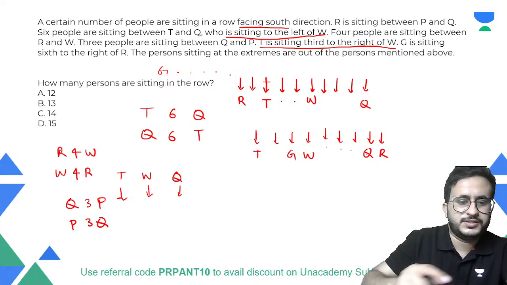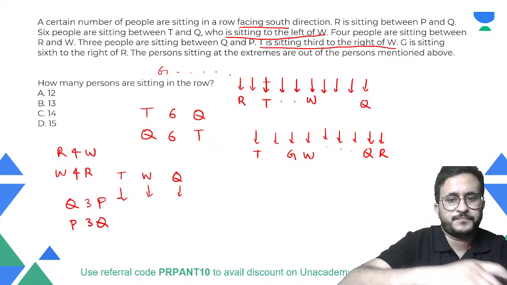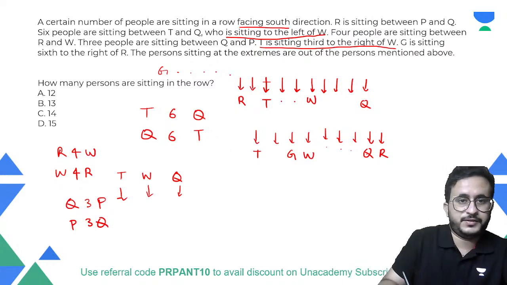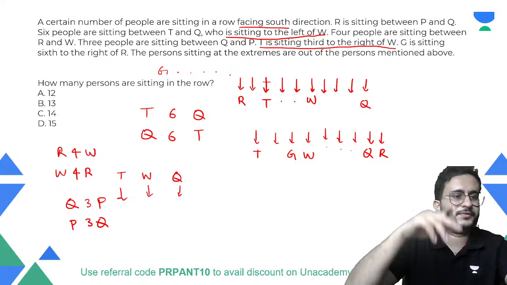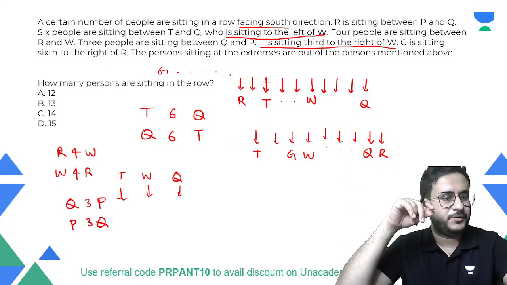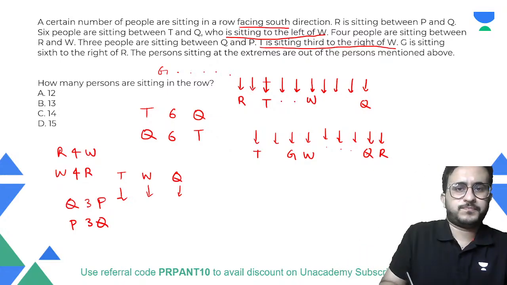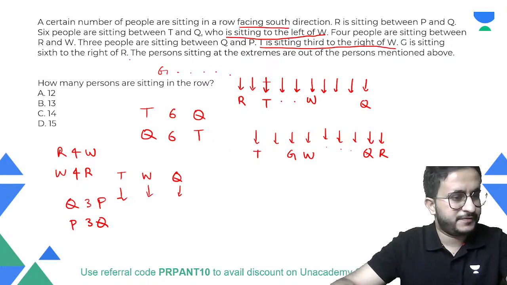This will be G. So we are filling the information in both the cases parallelly. Is it clear? Now, next thing that is given to us is six people between T and Q, and this is also done. Any piece of information which is left?